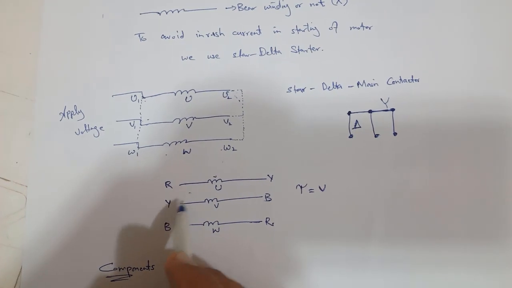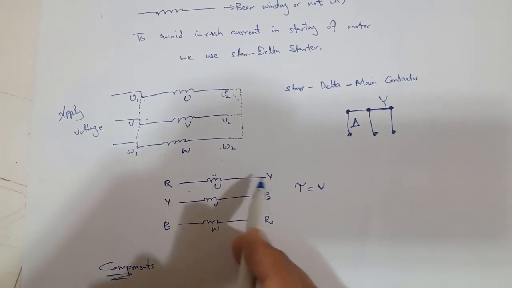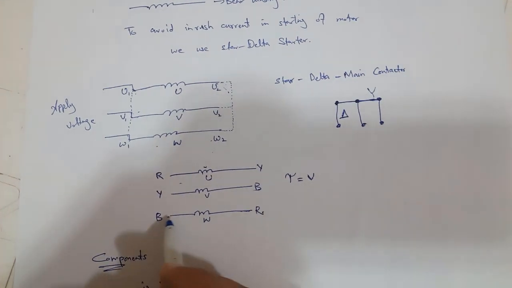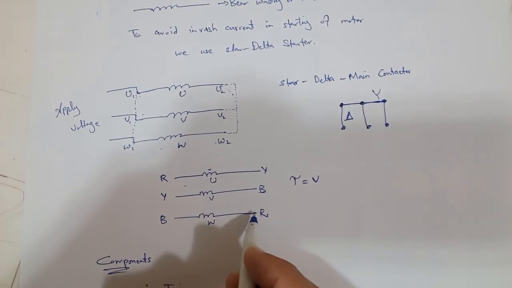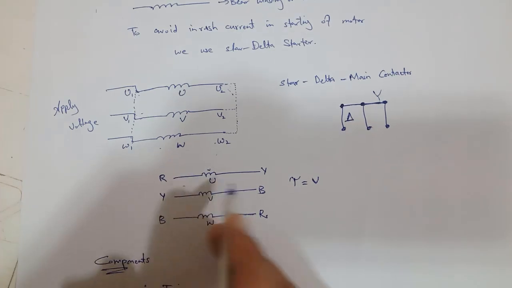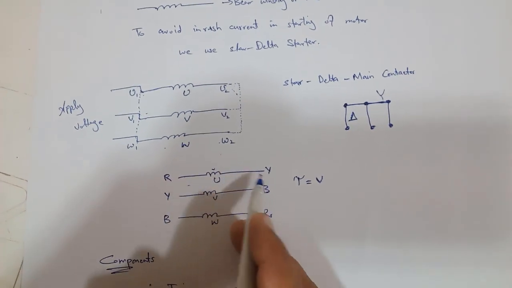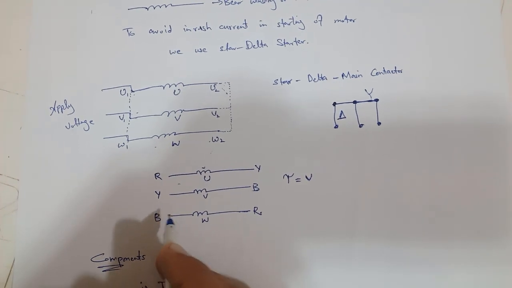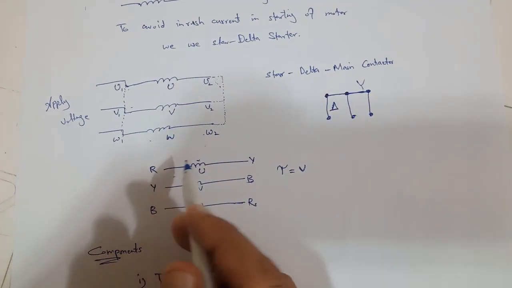The end will connect with yellow, another winding, and same like this, blue is connecting with another winding, and red will connect here. Not on the same side, but the first end will be the second start, the second end will be the third start, and the third end will be the first start.